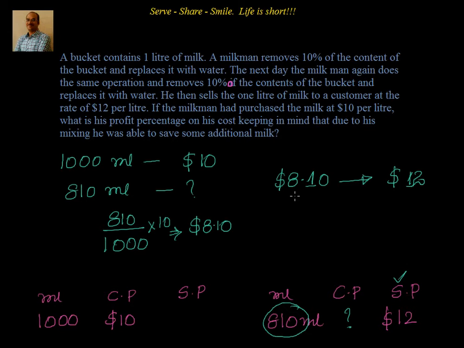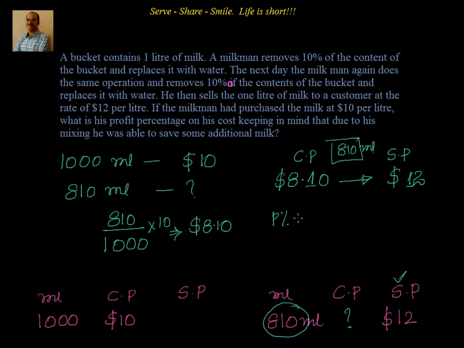So this is our CP, and this is our SP, with the calculation done for 810 ml: CP equals 8.10, SP equals 12. You can do the same thing for 1000 ml also, by converting 810 into 1000 and finding the SP. That way also you can do it.